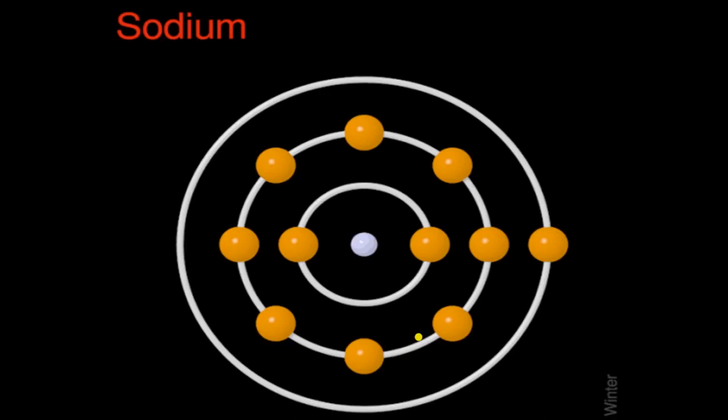So in an atom, there are two types of forces present. One is attractive force and second one is repulsive force. Attractive force is between nucleus and electron. This is nucleus and these are electrons.